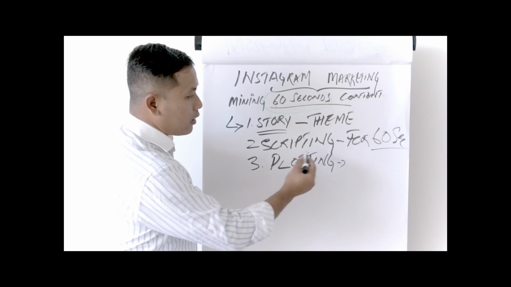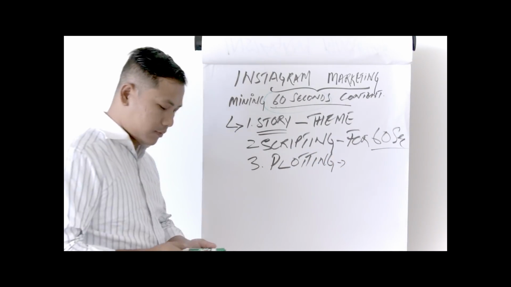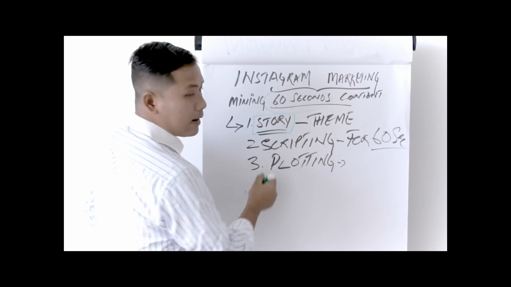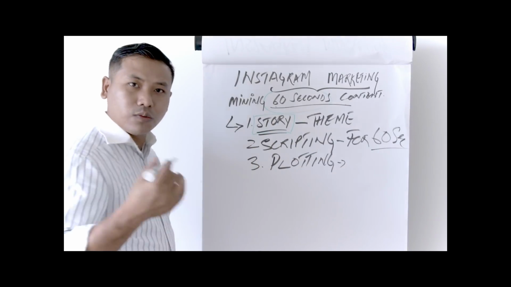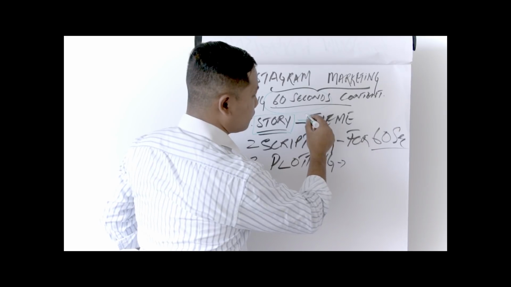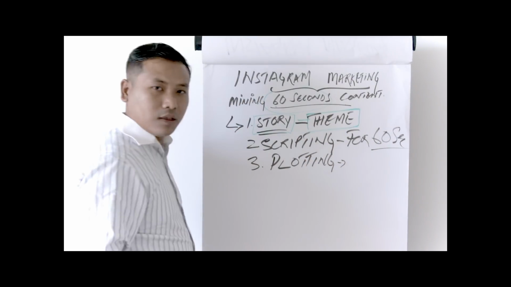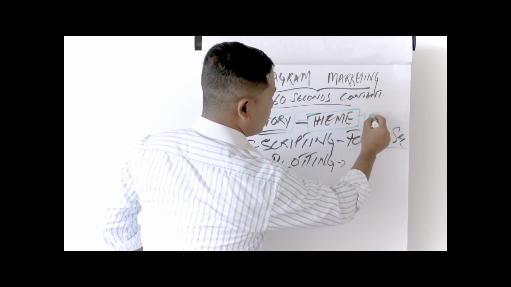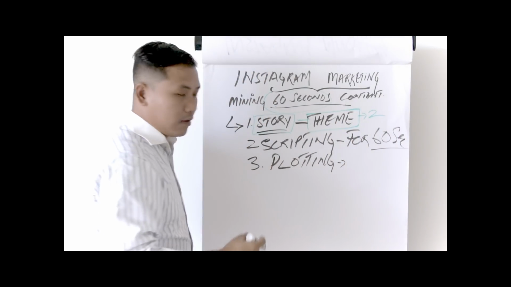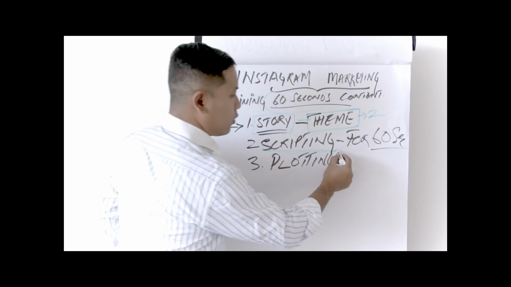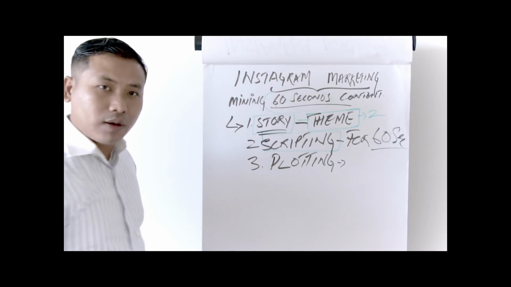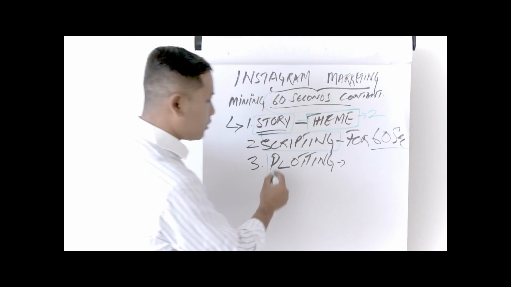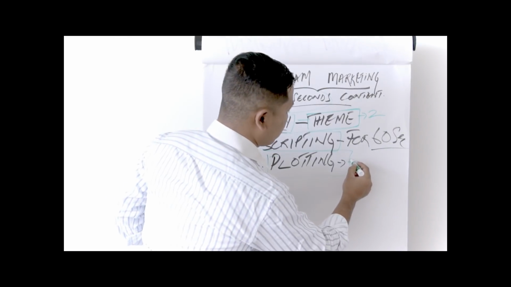So now you have written your script, you have a story, and you know what you want the theme to be, right? So you have a story, then you understood the theme, then based on your theme you want to write the script. You want to script how it's going to be, right? And then the last thing that you want to do is plotting.